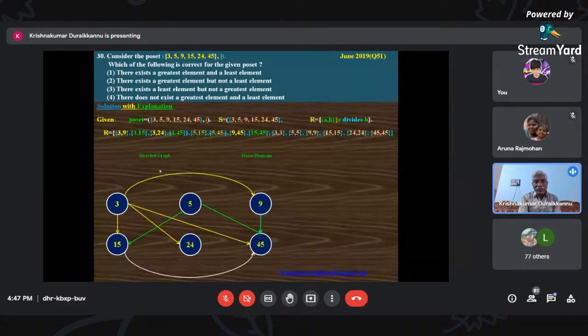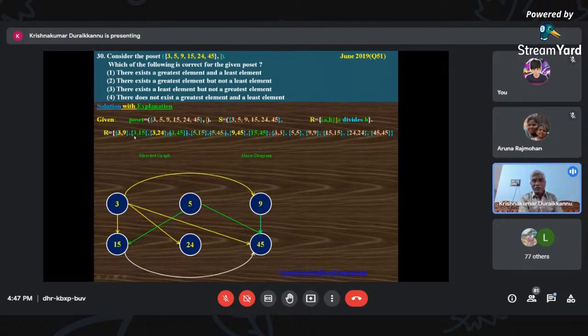The second thing, what I told you just now: 3 divides 15, 15 divides 45, so (A, B) and (B, C) are there. If (A, B) and (B, C) are available in the directed graph, you cannot have the link or edge from A to C in the Hasse diagram. We move 3 to 15, 15 to 45.